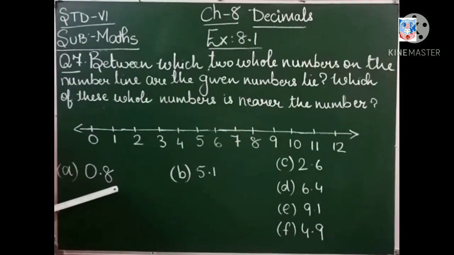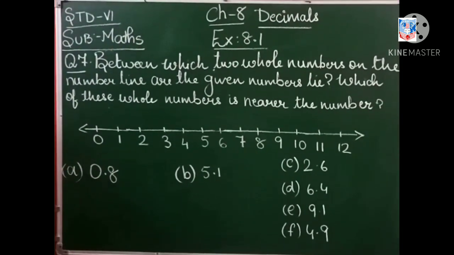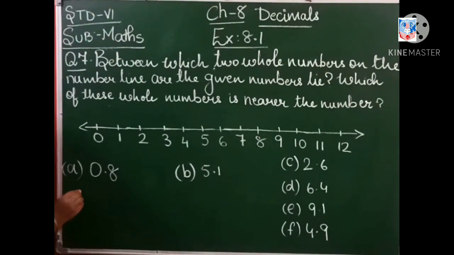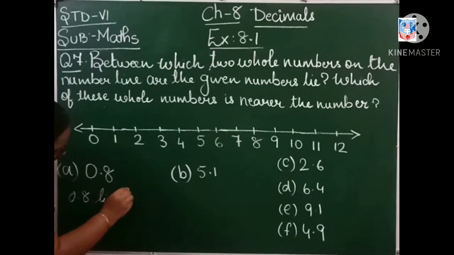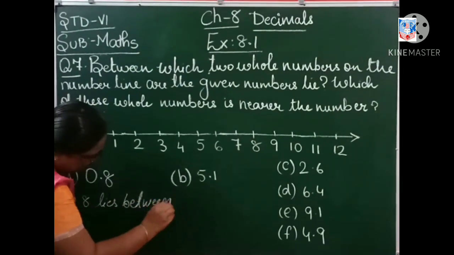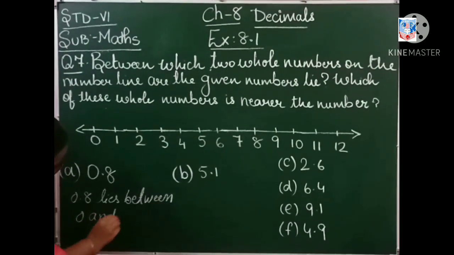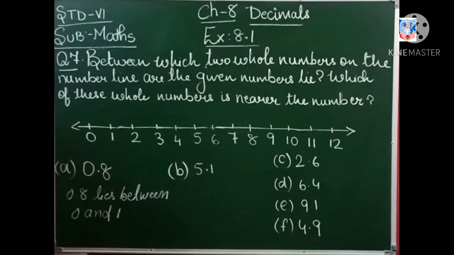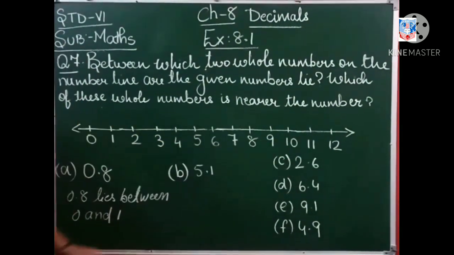That means 0.8 lies between 0 and 1. So our first answer is 0.8 lies between 0 and 1.